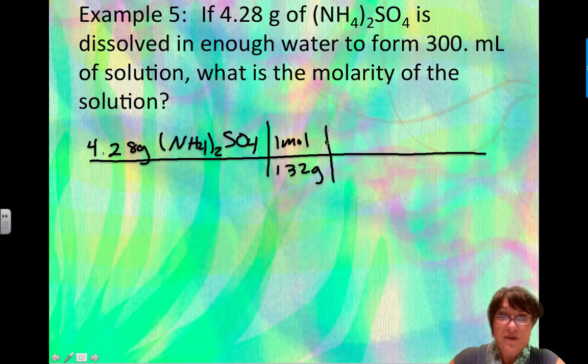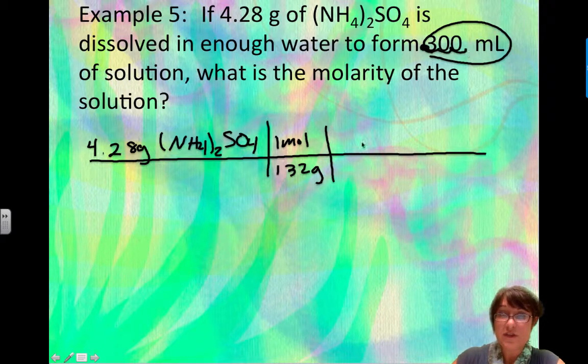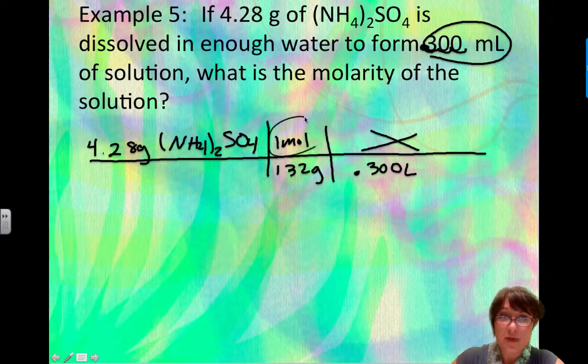So now I have moles on top and I want liters on the bottom. I have 300 milliliters, so let's take my milliliters, turn it to liters, and put it on the bottom. So 0.300 liters goes down here. Nothing goes up top because I already have moles here and I have liters down on the bottom, so that's how I want it to look.